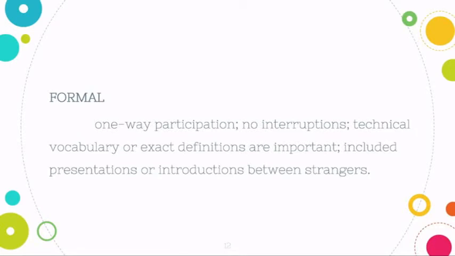Introductions between strangers. Of course, if it's your first time seeing that person, that's why I believe I discussed this in the previous session. When it's your first time being in the presence of someone, considering also that you have cultural differences, you have to be formal. It's safer to do it that way.